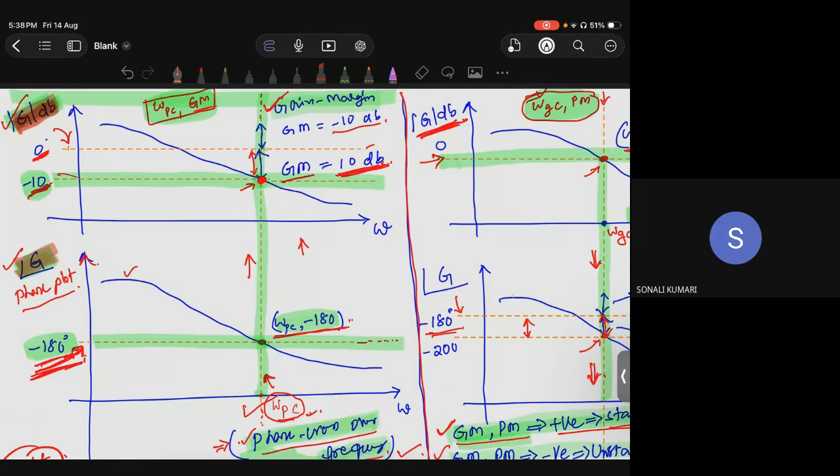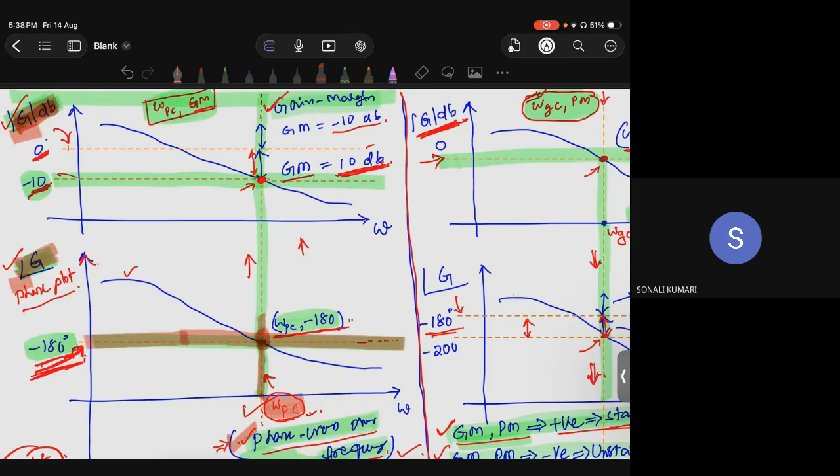First, in the phase plot, identify the minus 180 degree line, draw this horizontal line and find this point. If you extend that down, you'll find a frequency, omega PC, which is the phase crossover frequency. That is how you find the phase crossover frequency.